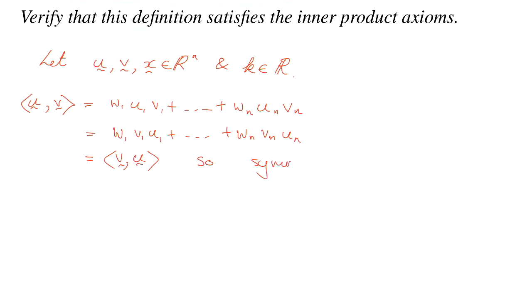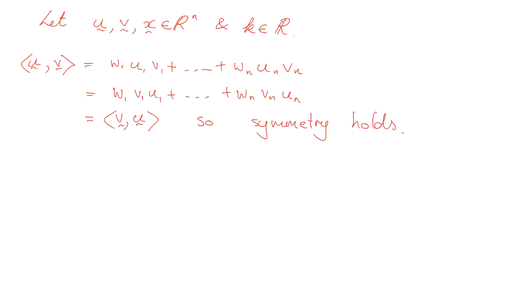So this symmetry axiom holds. Okay, now it's not a very complicated argument. It holds just because real numbers commute. Symmetry is not usually very tricky to verify for whatever example you're interested in.